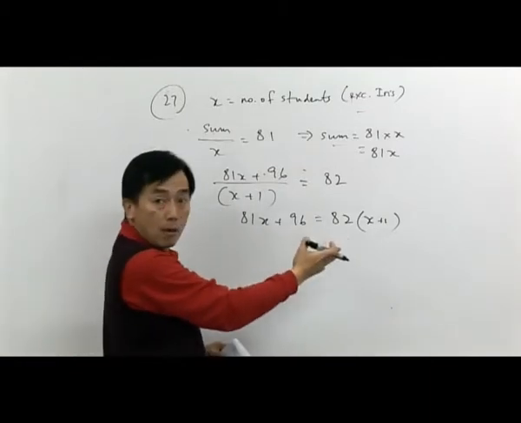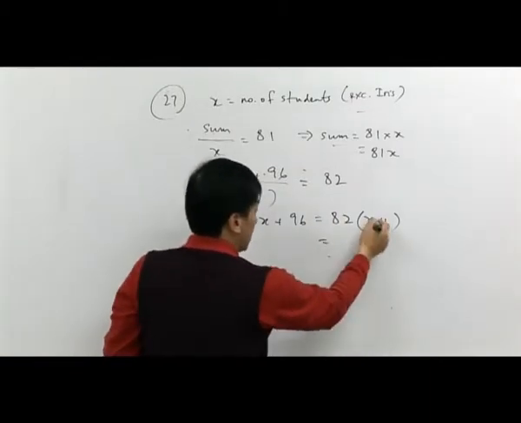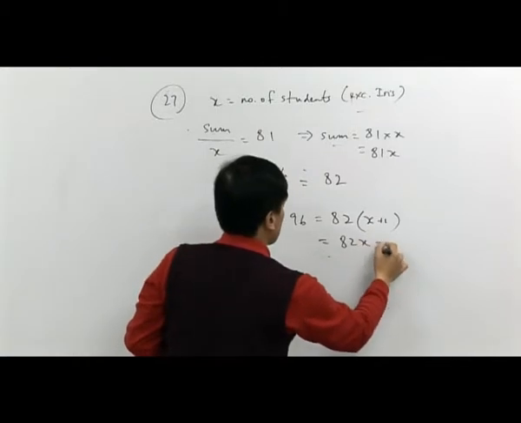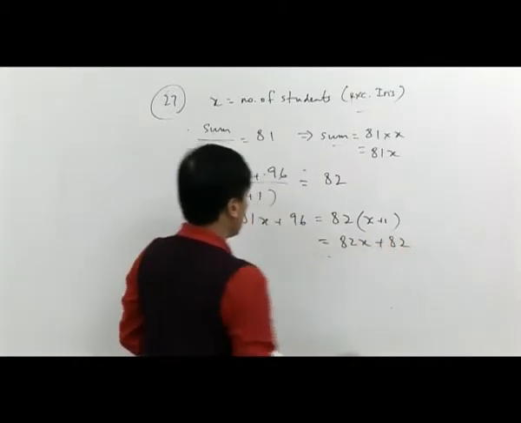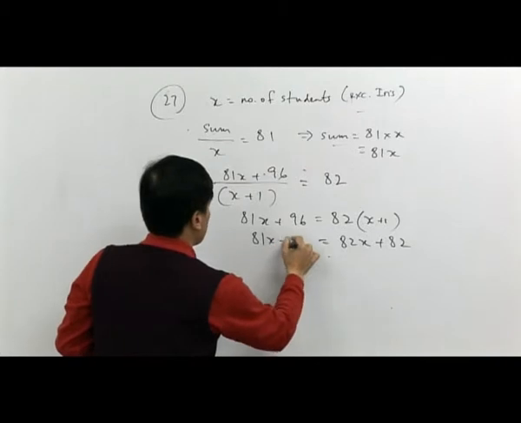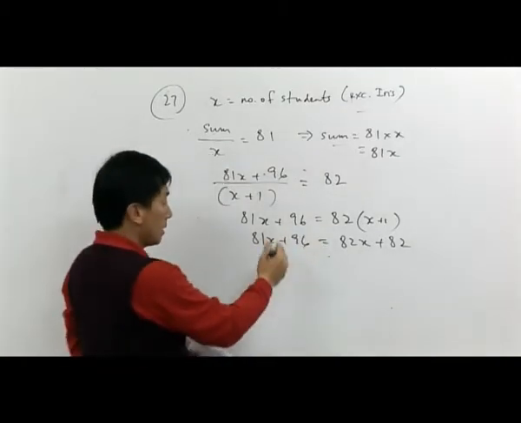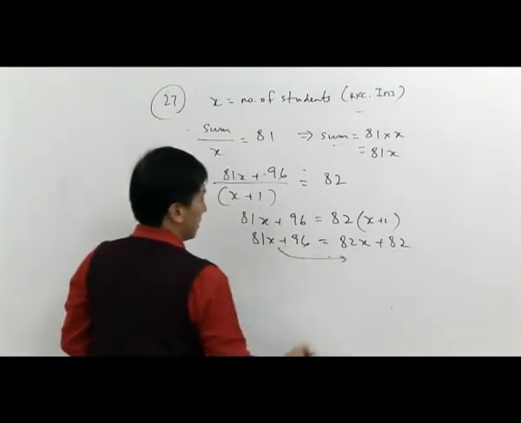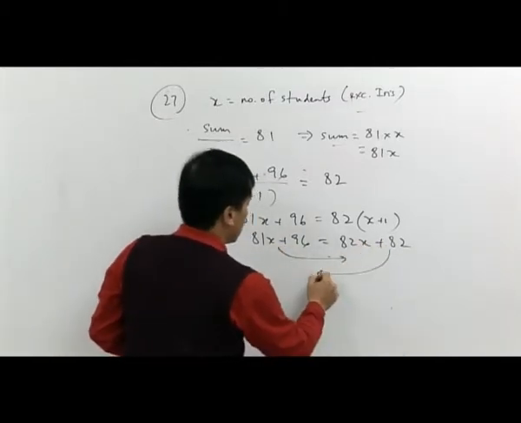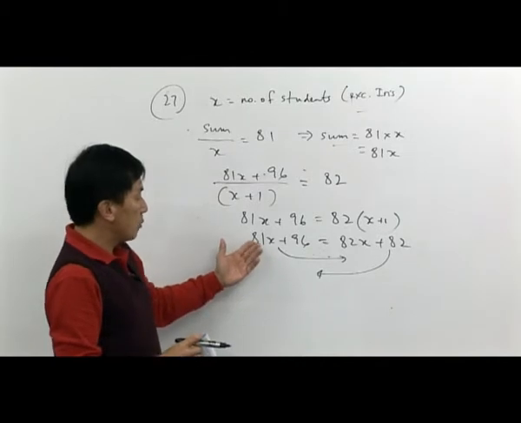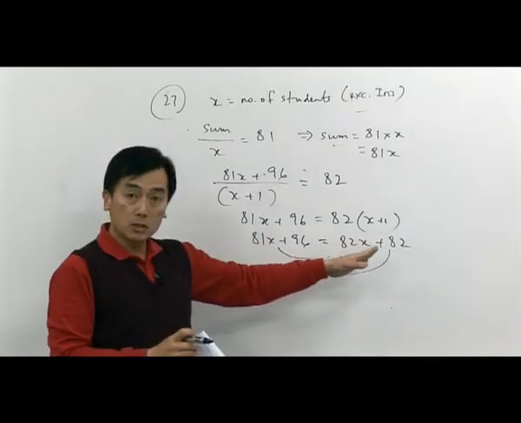We want to expand that bracket. So that's going to be 82 times x is 82x, 82 times 1 is 82. So that's 81x plus 96 equals 82x plus 82. Now we bring all the like terms together. So 81x would go onto this side, and 82 would go to the left-hand side. The sign would change from a plus to a negative when you take it to the other side.